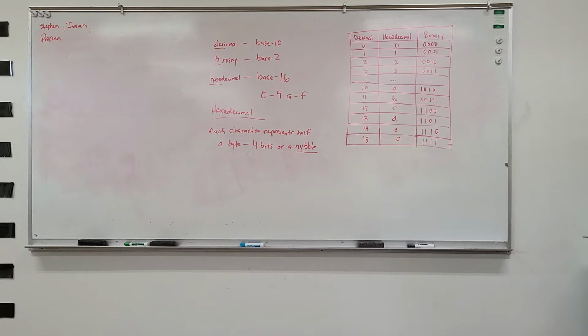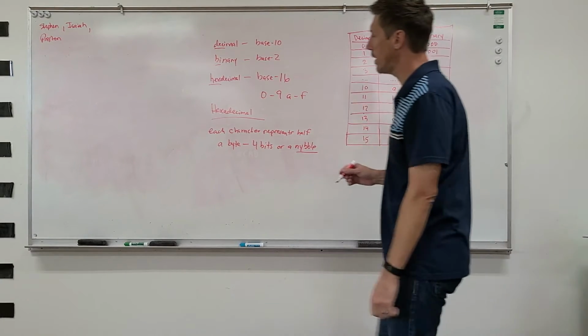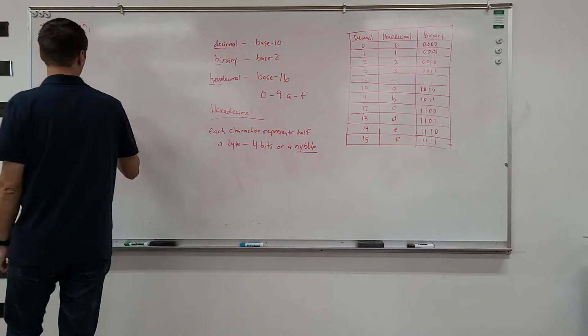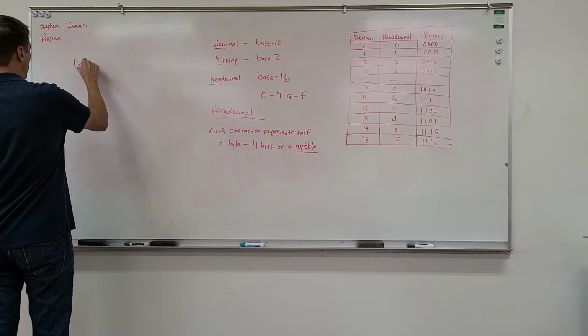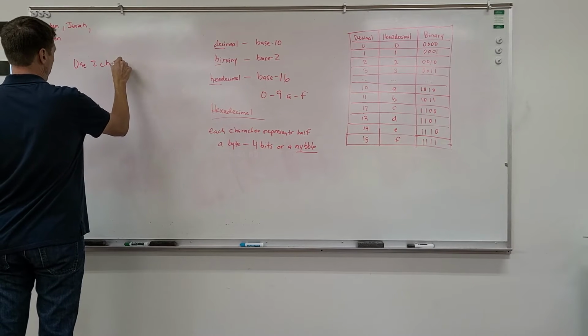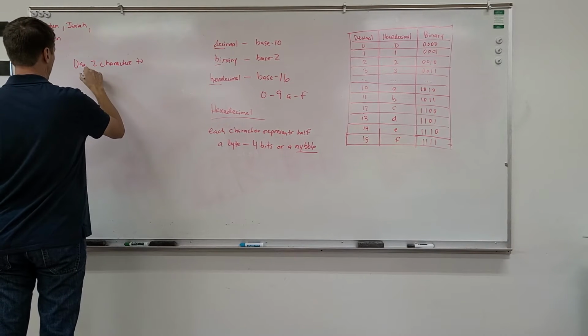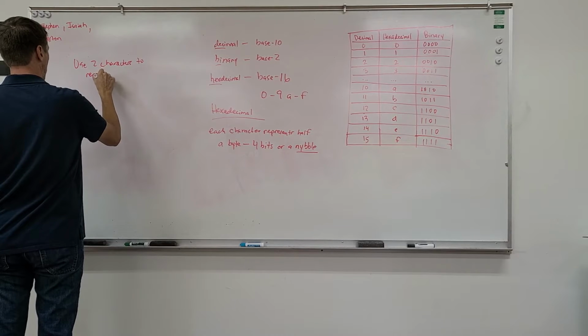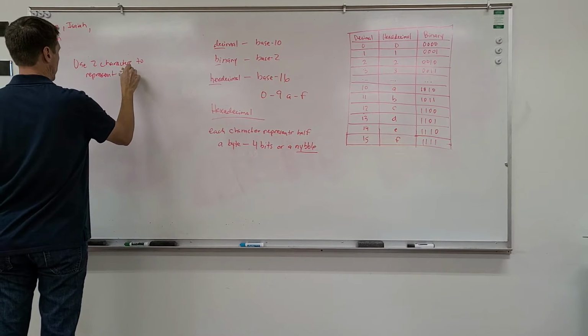And so if each character represents half a byte, then to represent a whole byte, I need to use 2 characters, right? So often with hexadecimal, that's what you'll see. You'll see it grouped together as 2 characters at a time. So you use 2 characters to represent a whole byte.